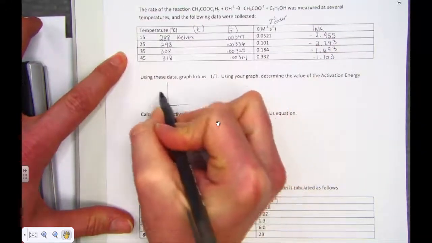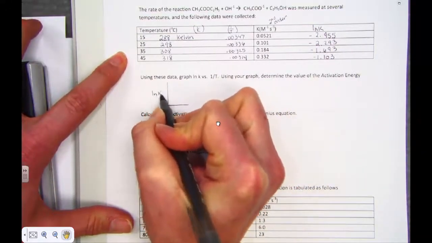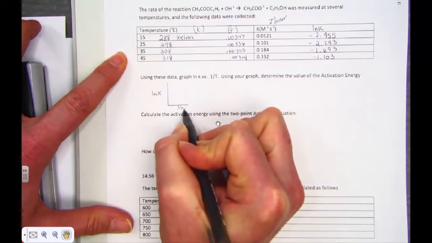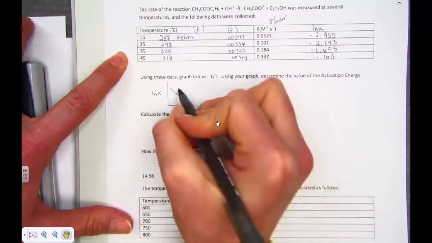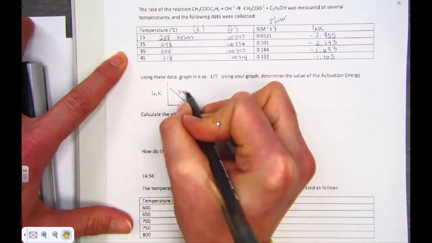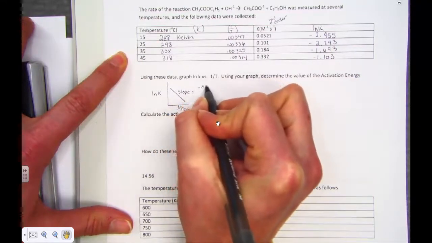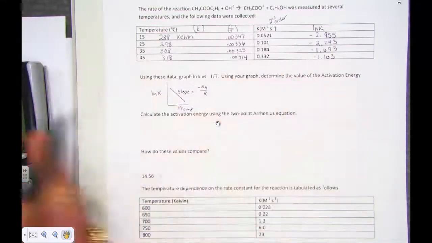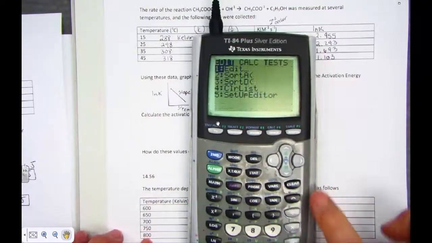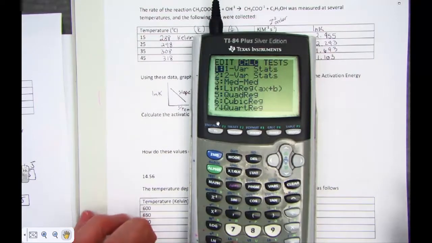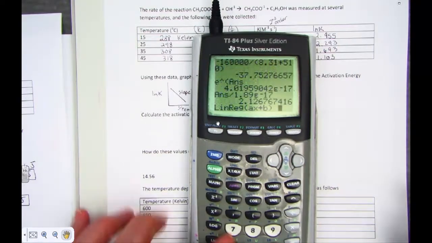So again, just remind ourselves what we're graphing: the natural log of K against the reciprocal of the Kelvin temperatures. We're going to run diagnostics of a straight line where the slope is negative EA over R. So let's go to work doing that. Stat key, calculate a linear regression, choice 4.